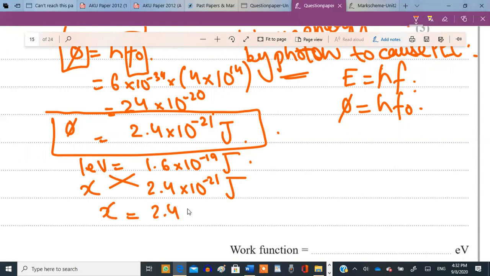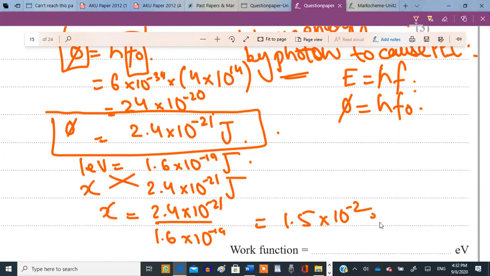We are going to just divide this number by 1.6 raised to the power of minus 19, and you'll have your answer, which is 0.015, meaning 1.5 raised to the power of minus 2 electron volts should be your answer.